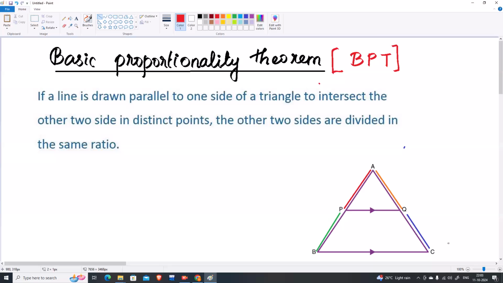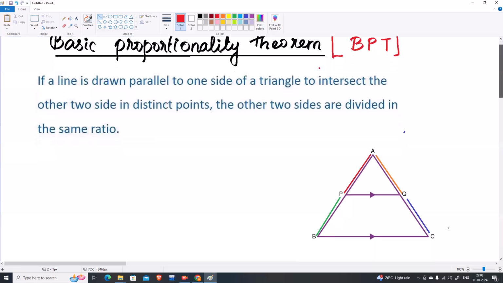According to the basic proportionality theorem, there are three sides in the triangle: AB, AC, and BC are the three sides of the triangle we have taken. In that, we are drawing a line PQ. Here I have used a black color.